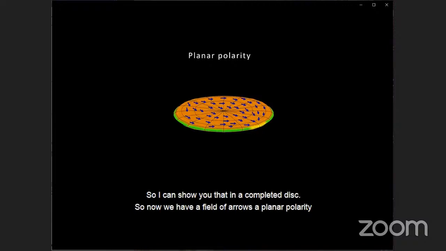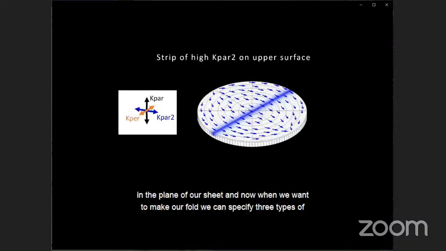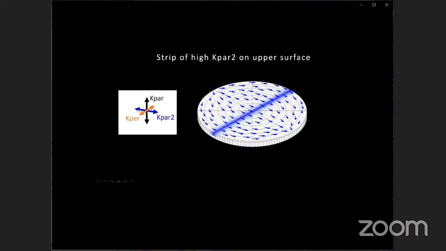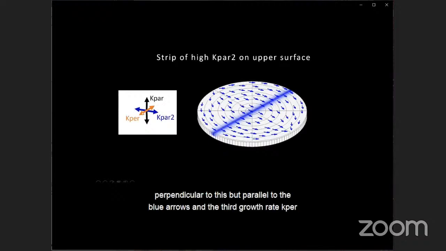All right, so I can show you that in a completed disc. So now we have a field of arrows, a planar polarity in the plane of our sheet. And now when we want to make our fold, we can specify three types of growth direction. There's what we call K-par, growth parallel to the black arrows. K-par2, growth rate perpendicular to this but parallel to the blue arrows, and a third growth rate, K-per, which is perpendicular to both.